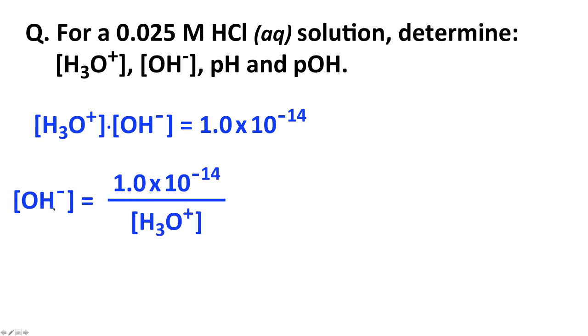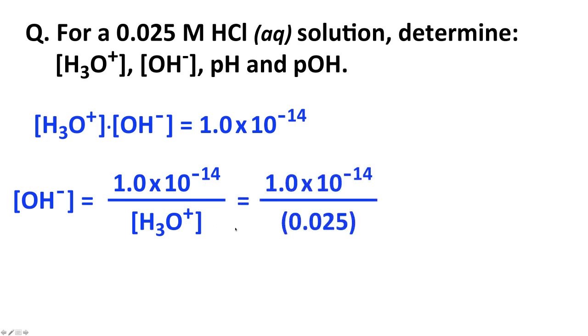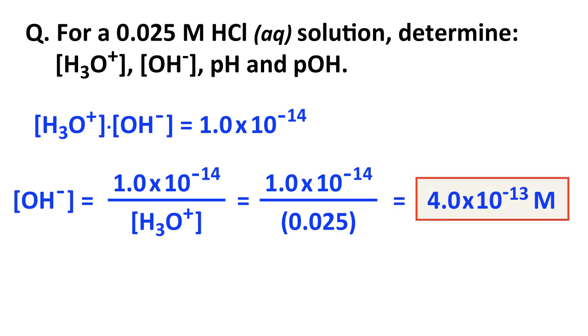And when we do, dividing both sides of this equation by H3O plus, we get OH minus equals 1.0 times 10 to the minus 14th divided by H3O plus concentration. The H3O plus concentration found previously is 0.025 molar. And again, we have to do concentrations in molarity. And when we divide this out, we get 4.0 times 10 to the minus 13th molar.